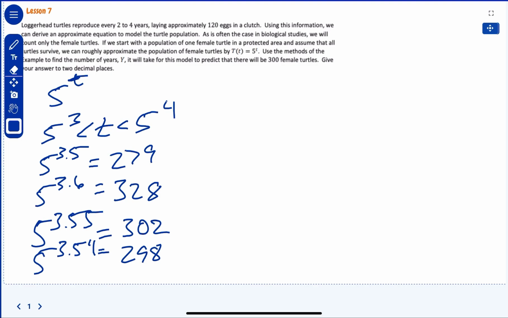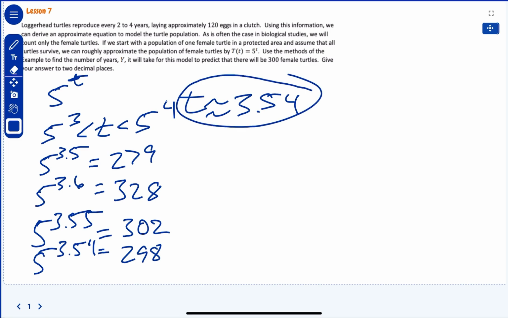We would say that it's approximately 3.54. I would stay below it there. So T would equal approximately 3.54.